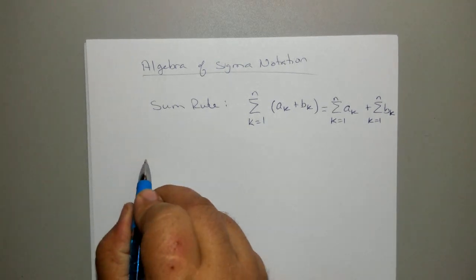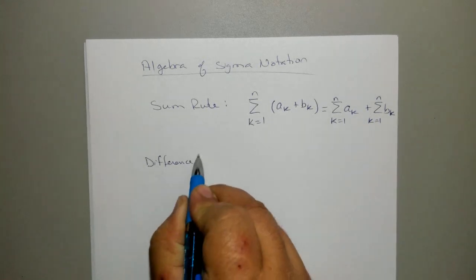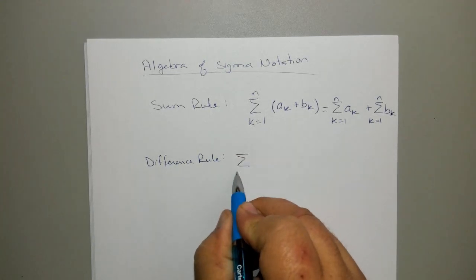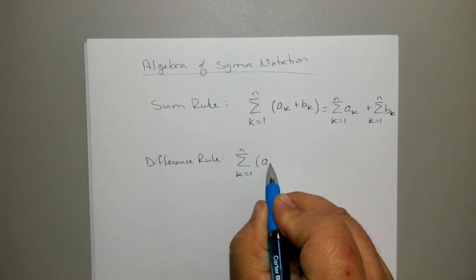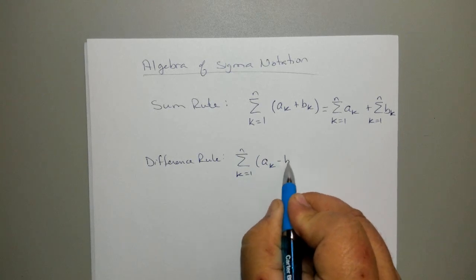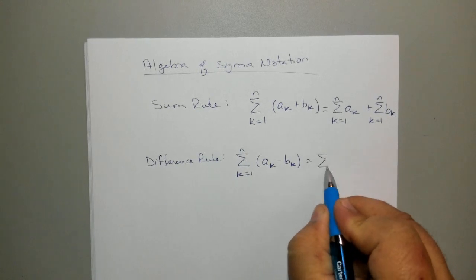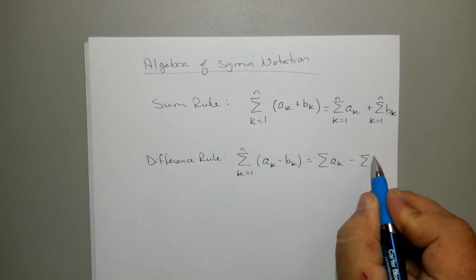Same with the difference rule. A sub k minus b sub k is sigma a sub k minus sigma b sub k.